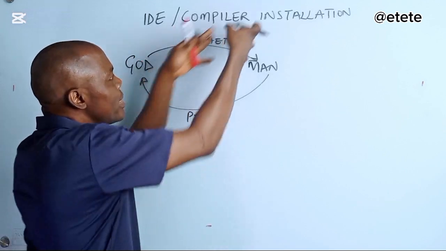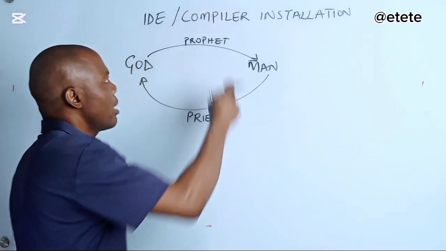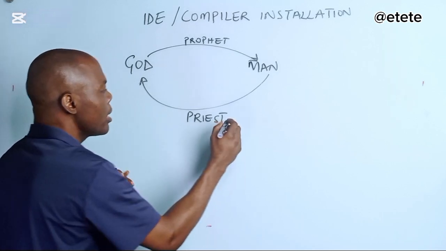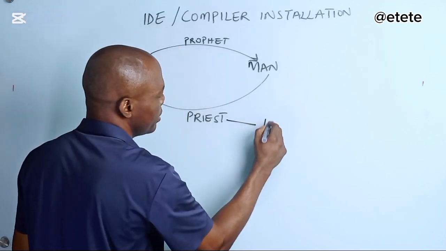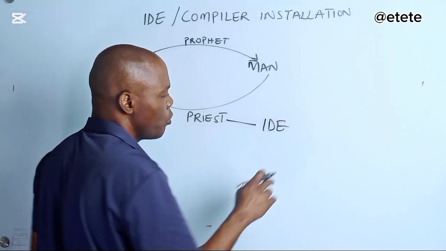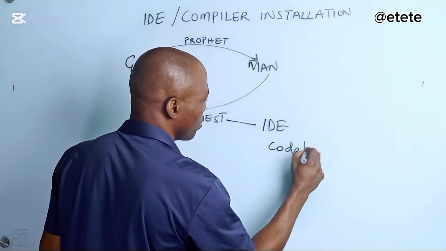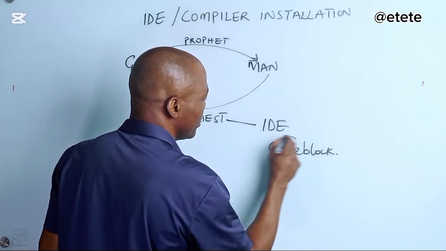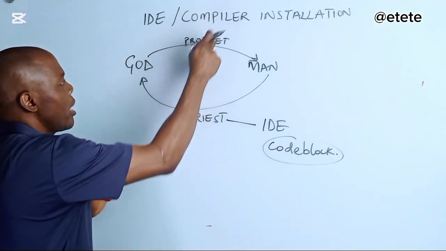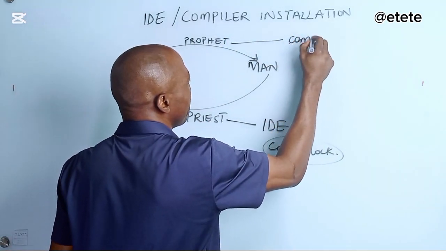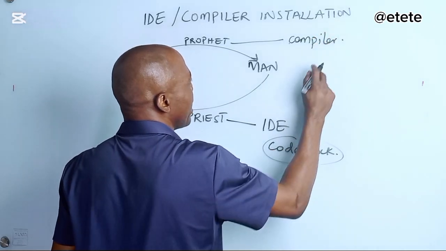Now, how do I bring this into this? What I want to show you, imagine this and this. This one being the what? The IDE, which I'm going to download and install. So I'm going to use Code::Blocks. This is an IDE that I'm going to use. And this guy is what? The compiler, right?